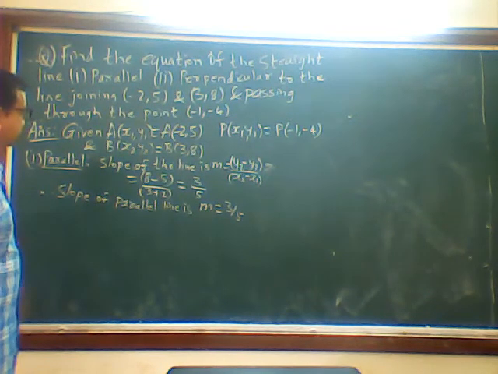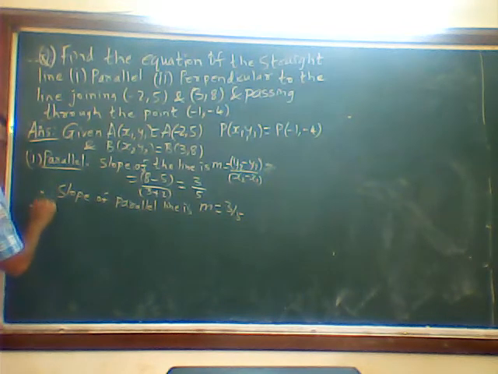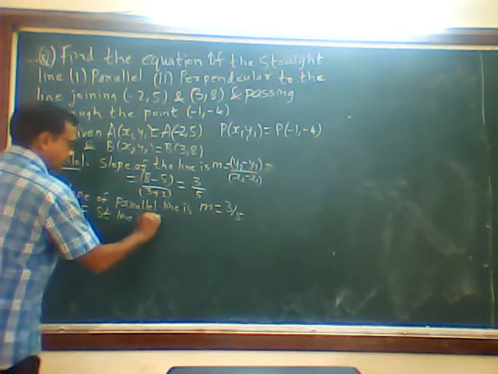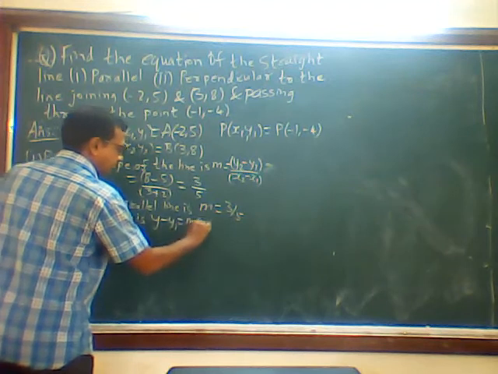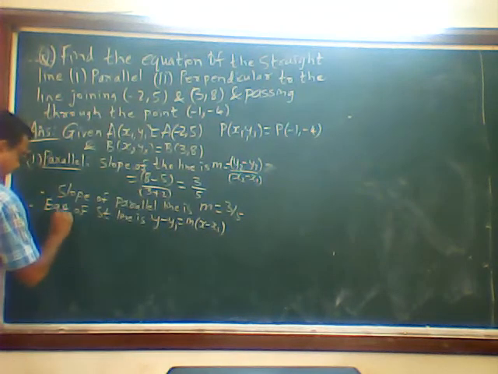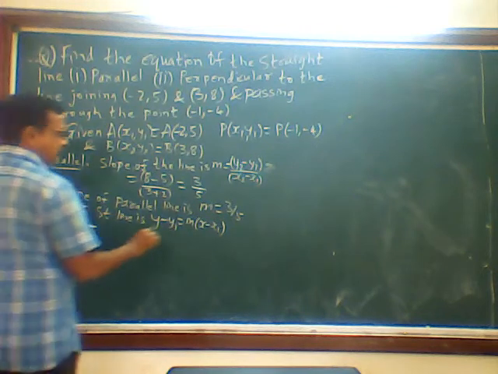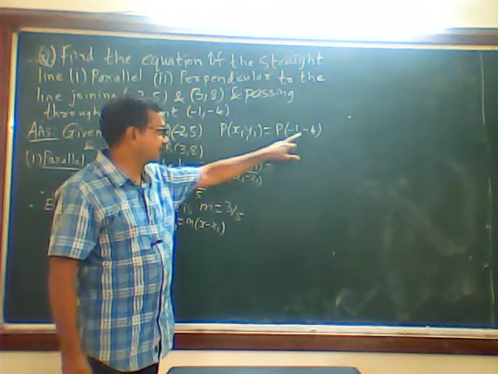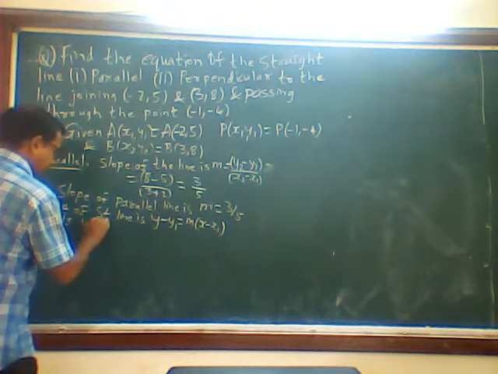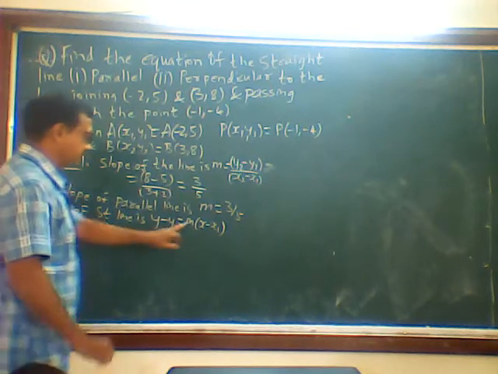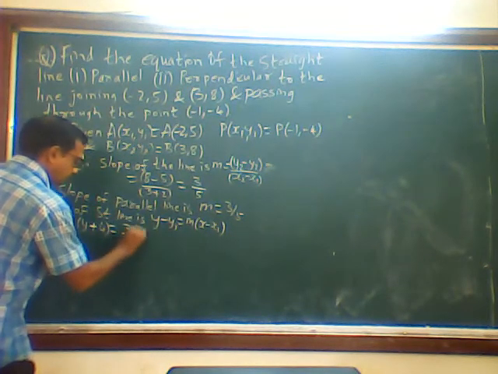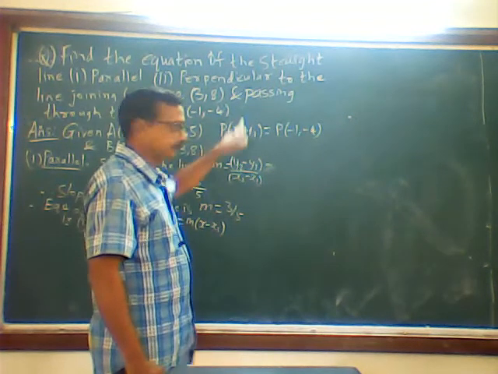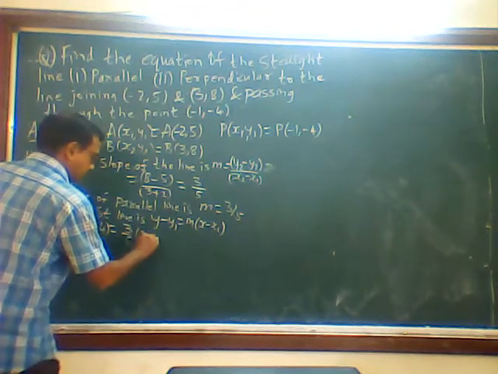Now we have to find the equation of the straight line. Therefore, the equation of the straight line is y minus y1 is equal to m into x minus x1. That is y minus y1. Be careful: y1 is not this one, the line passes through this point, so y1 is -4. Y minus of minus 4, which is y plus 4, is equal to, what is m? 3 upon 5, into x minus x1, where x1 is -1, so x plus 1.